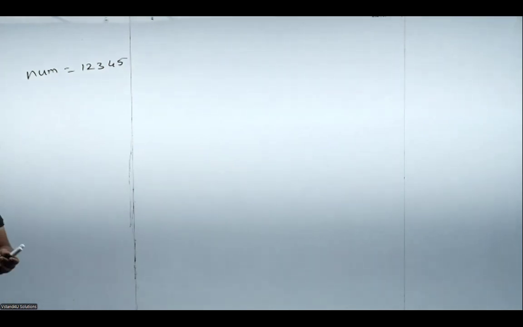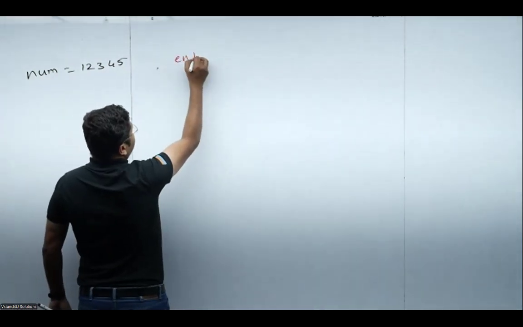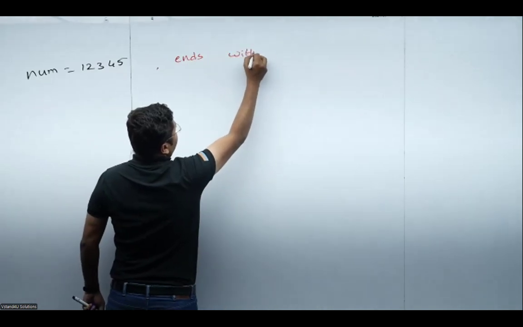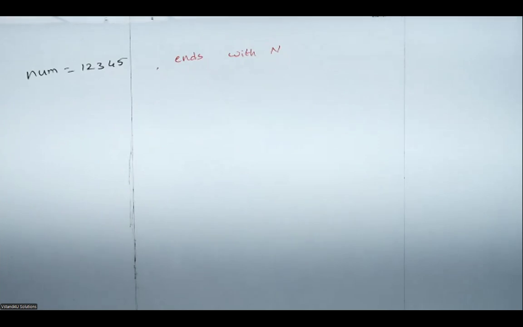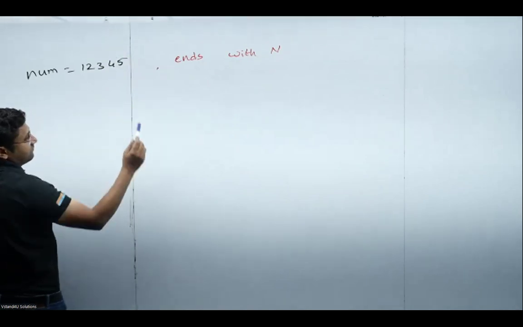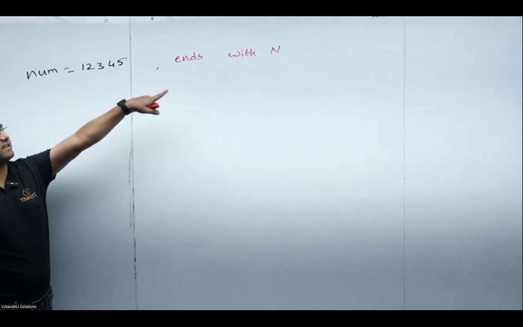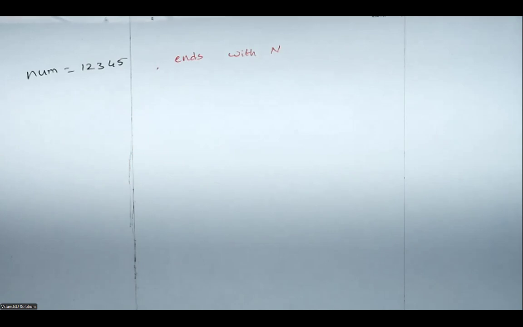I want to find out whether the last digit is n, where n can be any natural number. I am expecting to check whether this last digit is the given n or not. Shall we check? Very carefully understand. Please focus. Very important. Repeatedly, I am telling you guys.